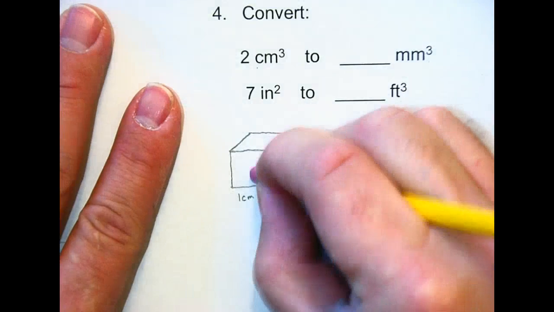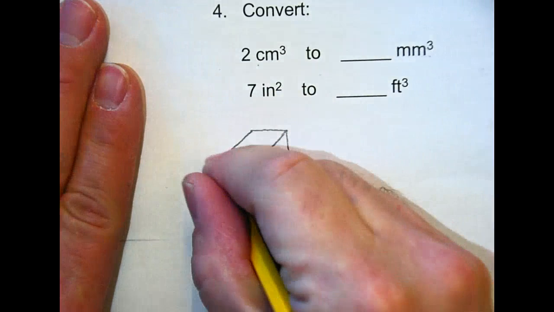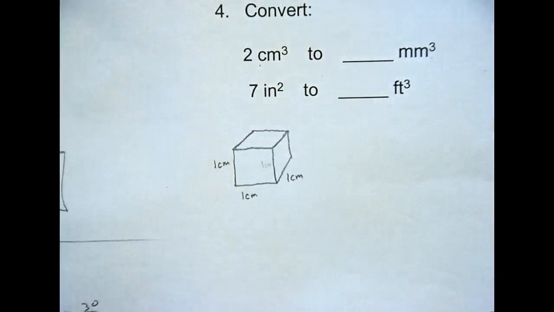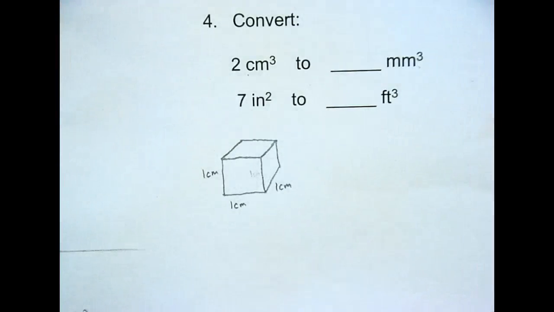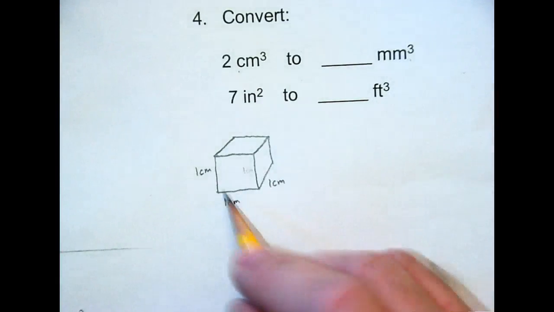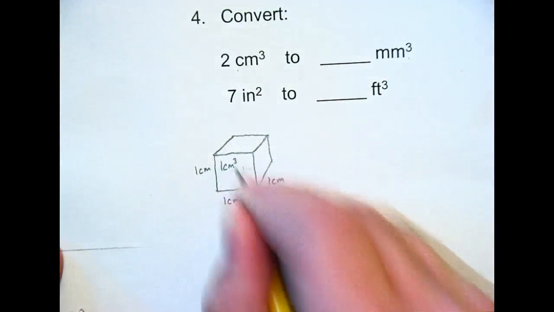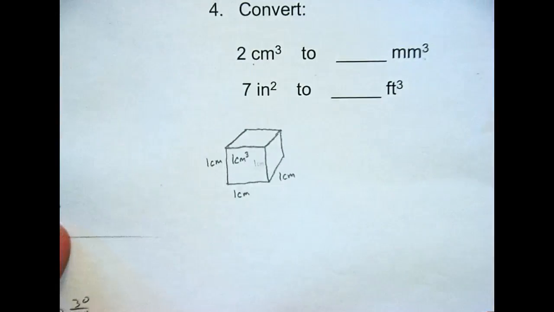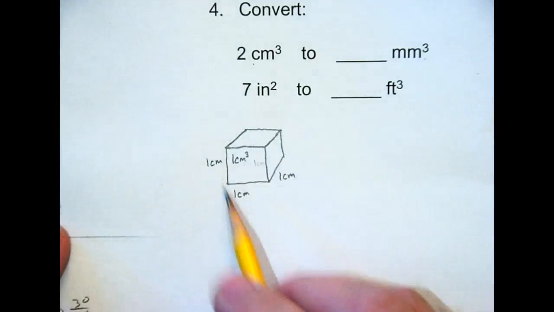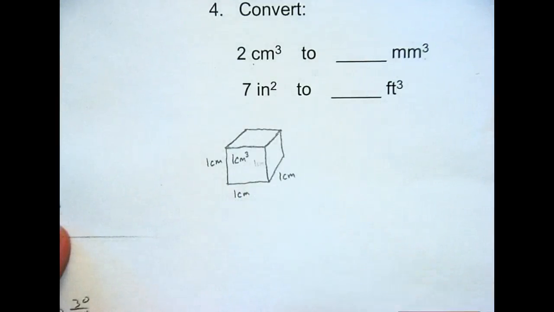It's 1 by 1 by 1, which if I multiply, I get 1 cubic centimeter. 1 times 1 times 1, and centimeter by centimeter by centimeter.